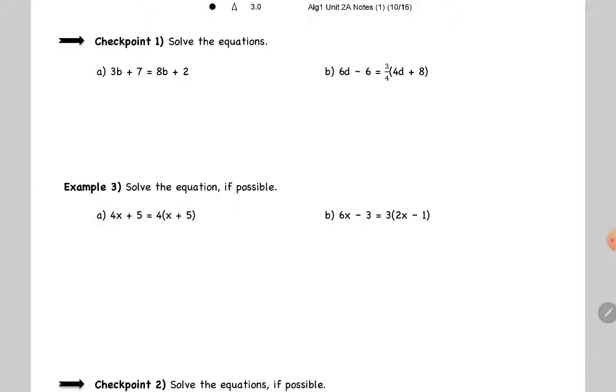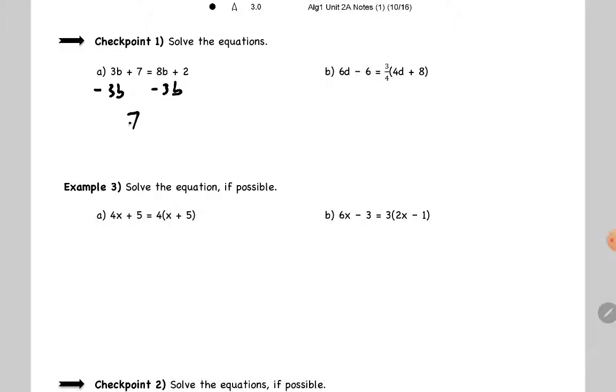So this time I'm going to move the variable to the right side. So once again, it doesn't matter which way, left or right. I just like having my variable be positive. So when I subtract 3b over to this side, I know it's still positive. The 8 minus 3 will be positive.